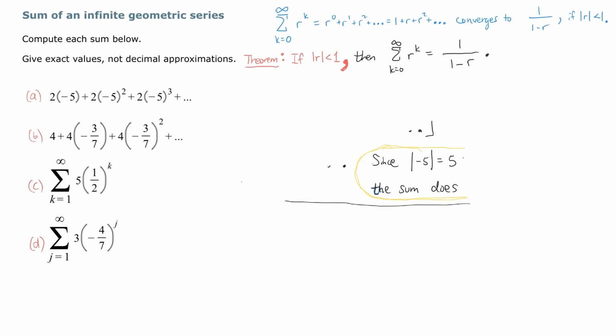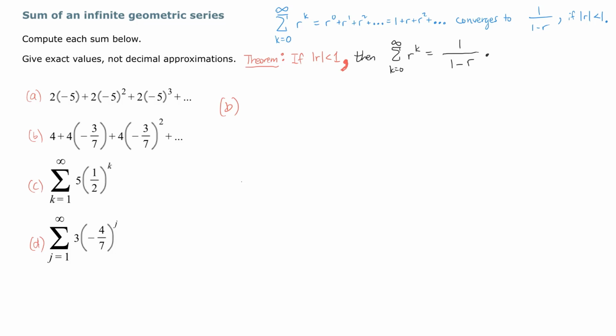Example B is very, very similar. Can you see a greatest common factor from all those infinite terms? I'm going to first recopy the problem. So 4 plus 4 times negative 3/7 plus 4 times negative 3/7 squared plus dot dot dot.